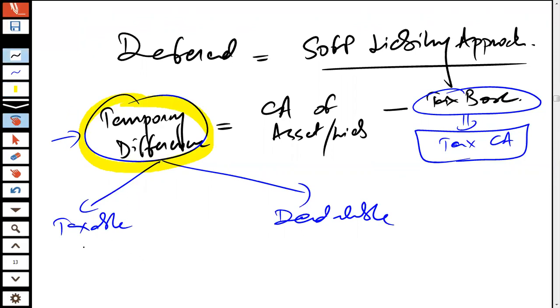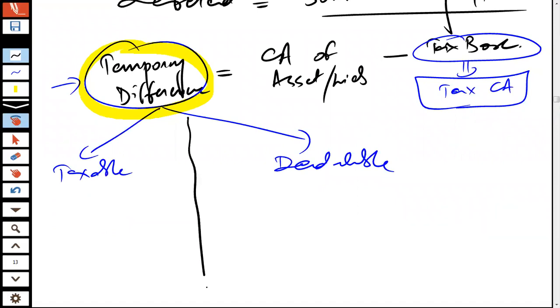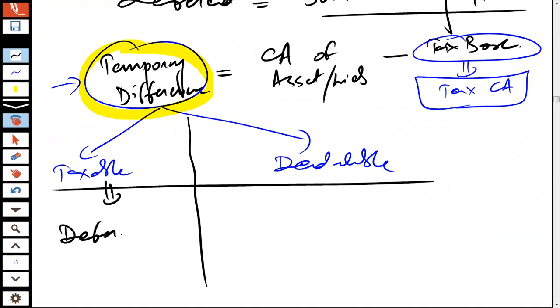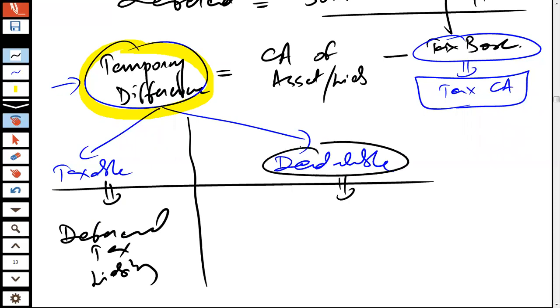The temporary difference could be taxable or deductible. Taxable temporary differences lead to a deferred tax liability. Deductible temporary differences lead to a deferred tax asset.